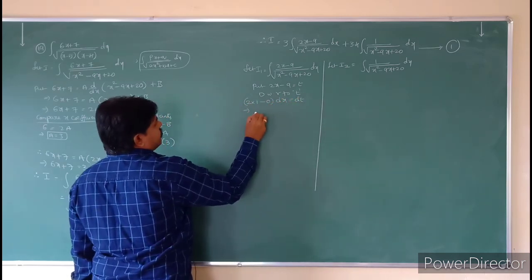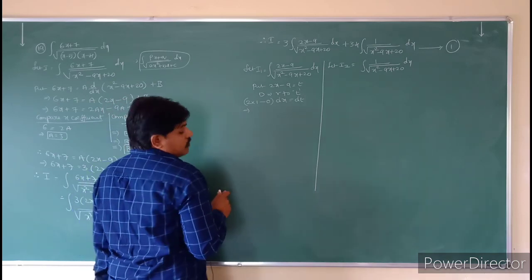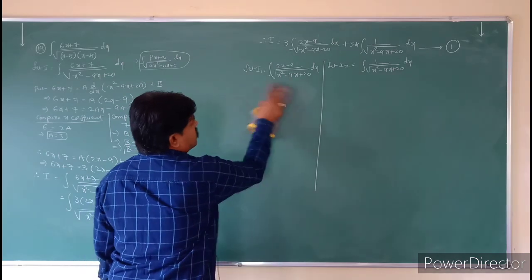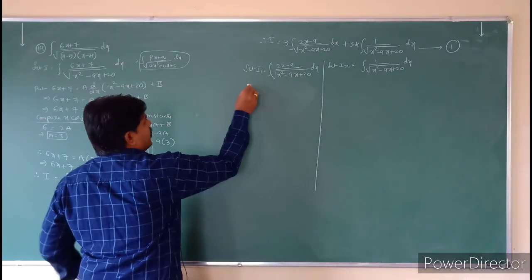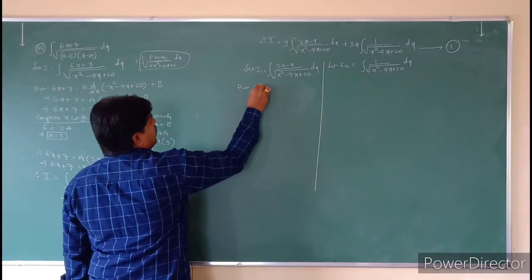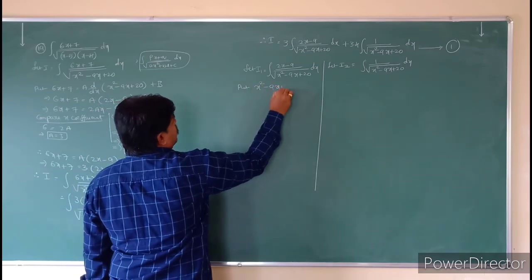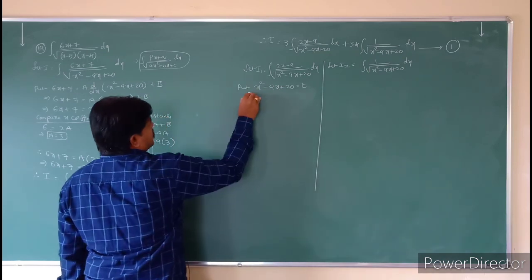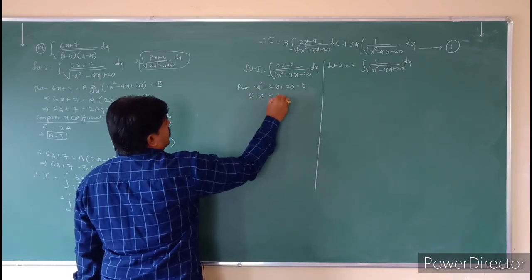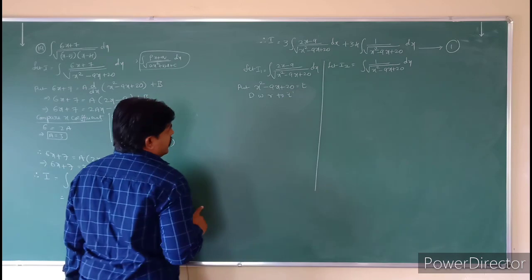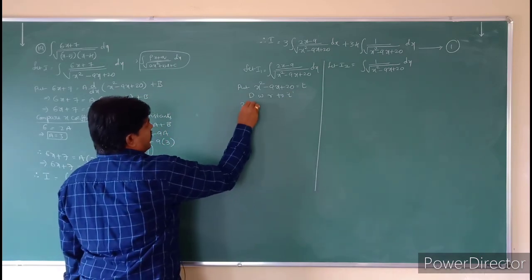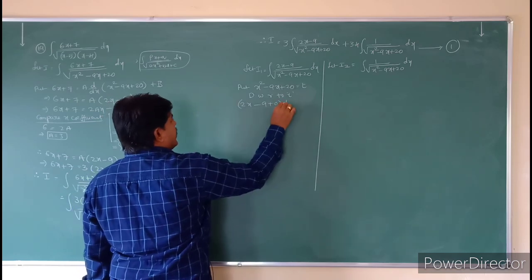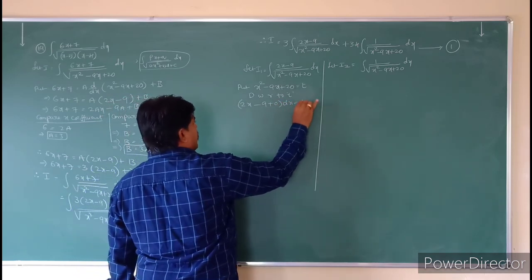So what you have to take is not 2x minus 9, but the denominator. Put x square minus 9x plus 20 equal to t. Take this value as t and differentiate. The derivative of x square is 2x, minus 9, plus 0, into dx is equal to dt.